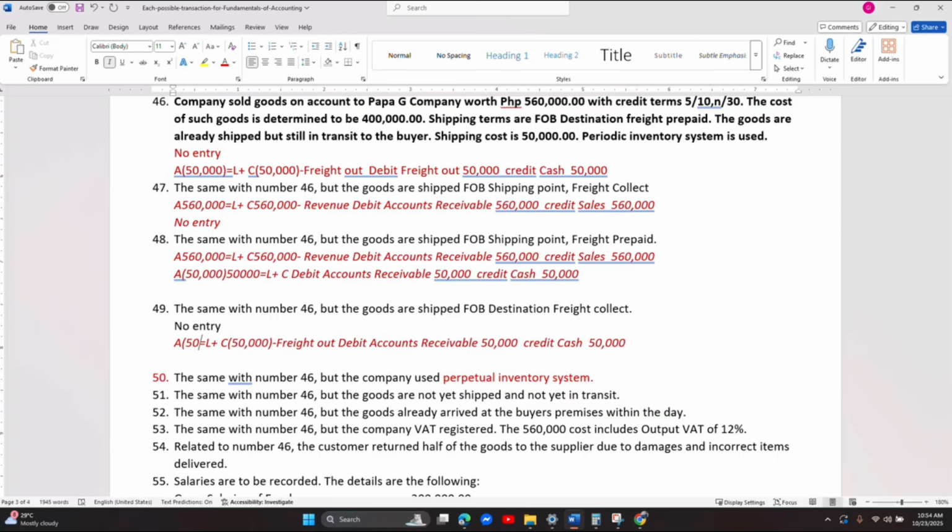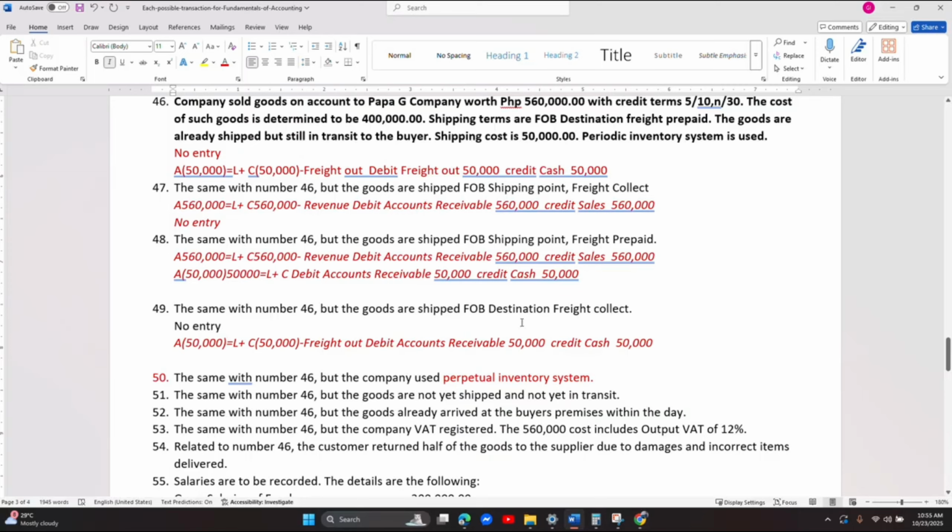So if you have a receivable from that particular customer, Papa G, for example, Papa G has been purchasing from you ever since, okay? And you have a current accounts receivable from Papa G. That accounts receivable will be decreased. Why? Because Papa G paid for your obligation of 50,000. That is the meaning of this FOB destination freight collect. The buyer paid the freight when it should be the seller who pays for the freight. Should be seller, actual payment buyer.